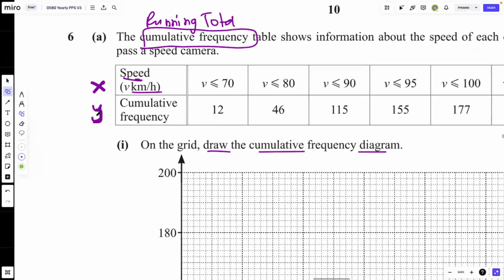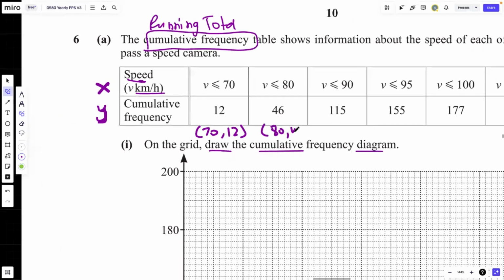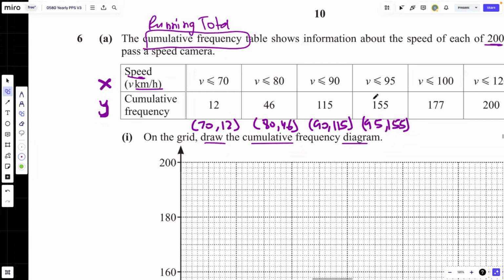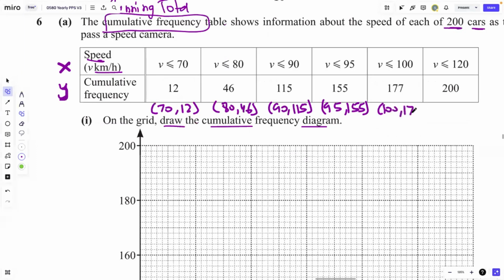So this is 70 comma 12, this is 80 comma 46, 90 comma 115, 95 comma 155, and that's 100 comma 177, and 120 comma 200.